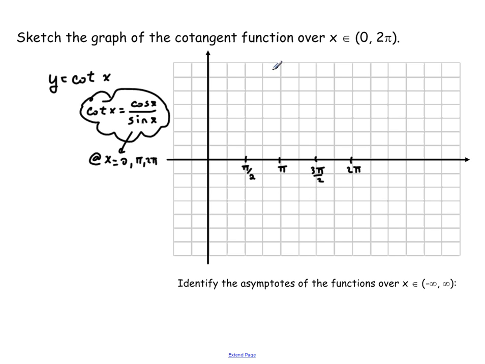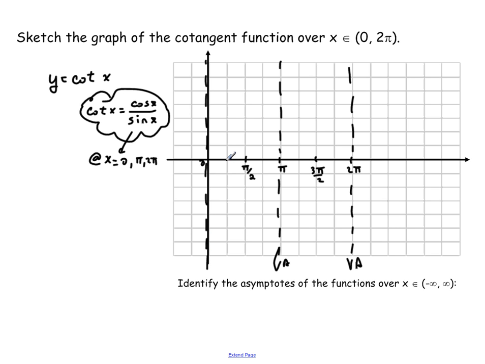Well, the vertical asymptotes are at pi, and at 2 pi, and at 0. Don't forget the 0. That's always an important one for us right here.